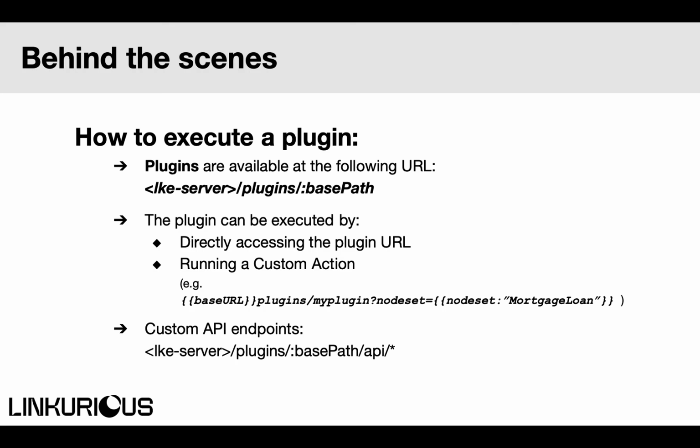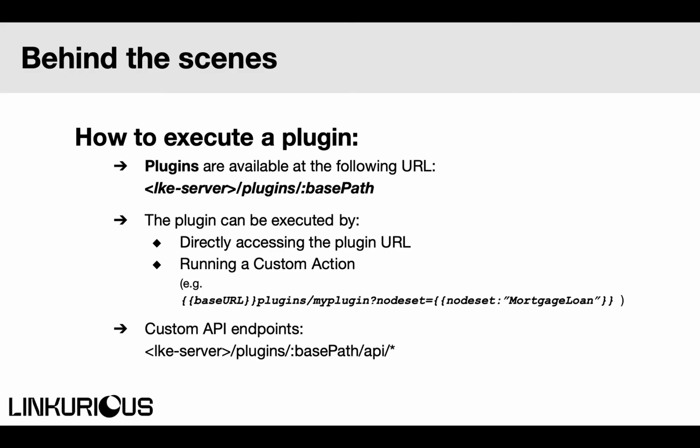So generally speaking, all the plugins are available at the URL of the server /plugin/base path. You can execute the plugin by directly accessing the plugin URL, or like I did in my demo, you can run a custom action for reaching the plugin.